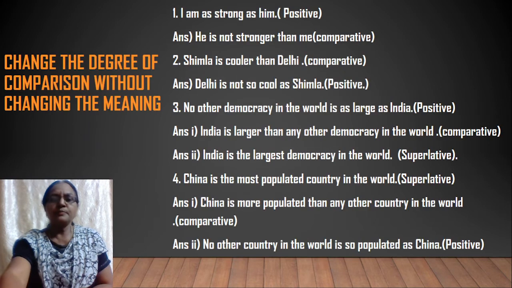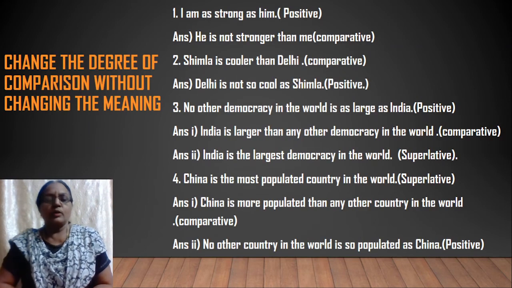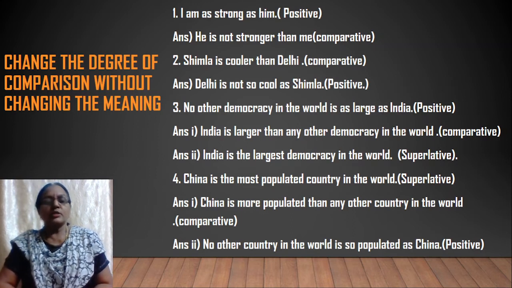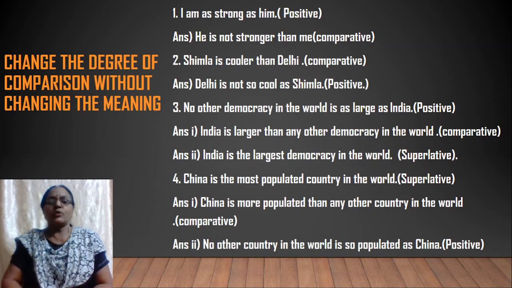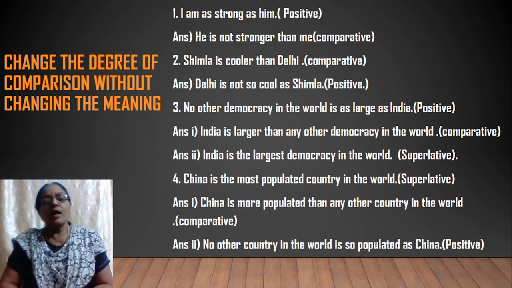Let's move on. Now, change the degree of comparison without changing the meaning. We've got some sentences here where we are going to change the degree of comparison without changing the meaning. Let's look at the first one. I am as strong as him.